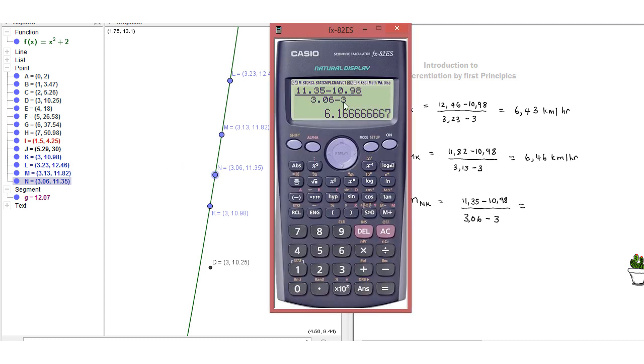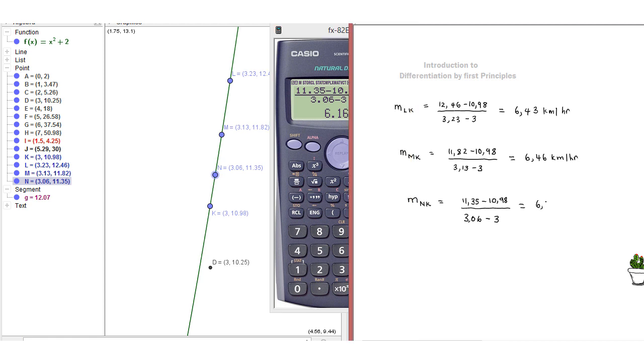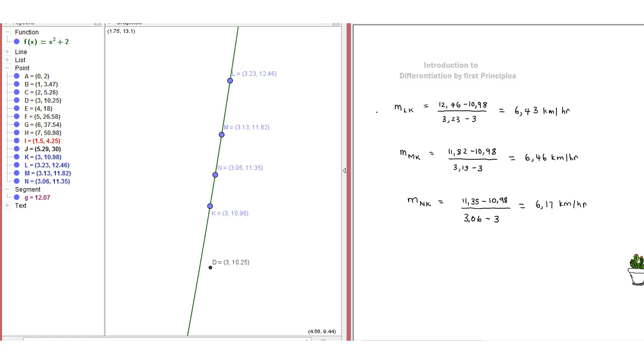And if we round this off to 2 decimal places, we can write it as 6.17. So now we have a speed of 6.17 kilometers per hour. So essentially, what we are doing is decreasing our time interval delta t.